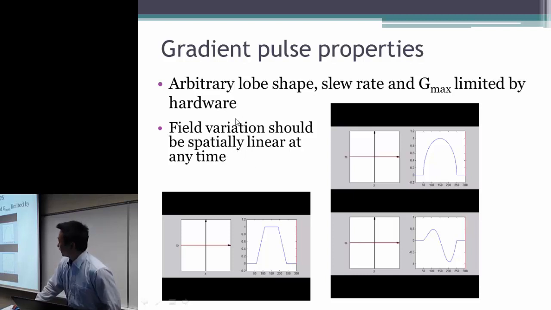So that means no matter what the gradient shape is, when we do the design, we need to bear in mind that the actual field variation should be spatially linear at any time.